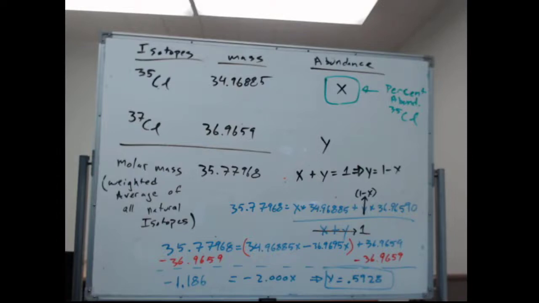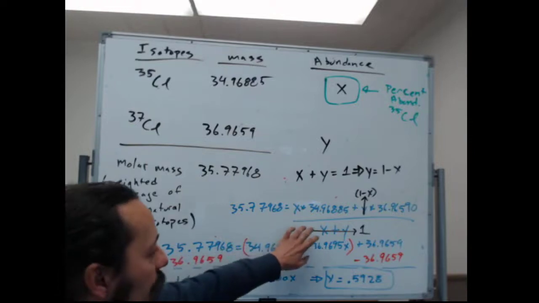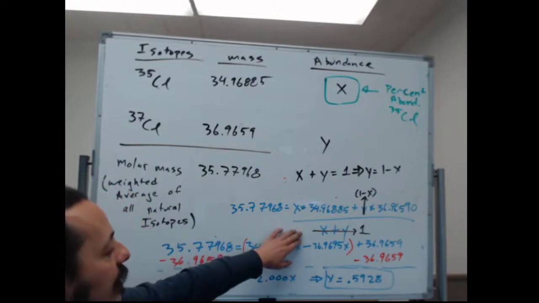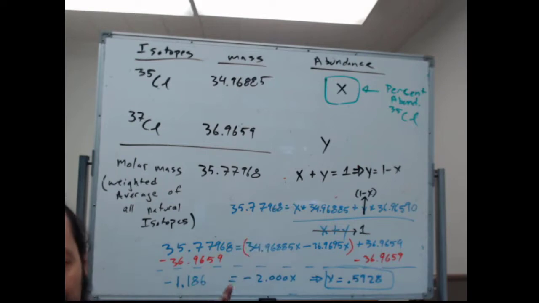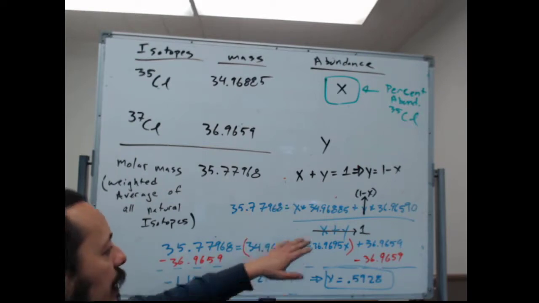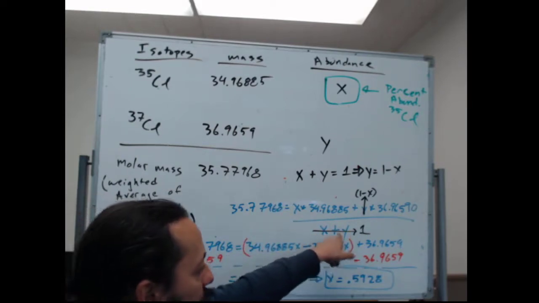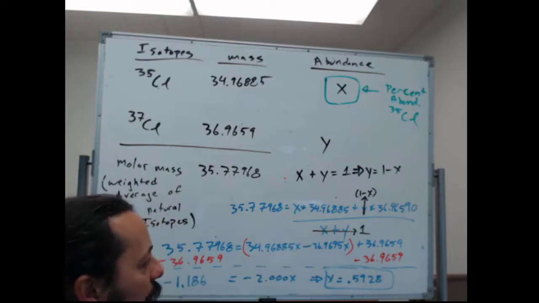Can you quickly explain why the division is x plus y? Oh, this. That is because if you're doing a weighted average, you're going to divide by the total abundance. For us, the x plus y is going to be equal to 1.